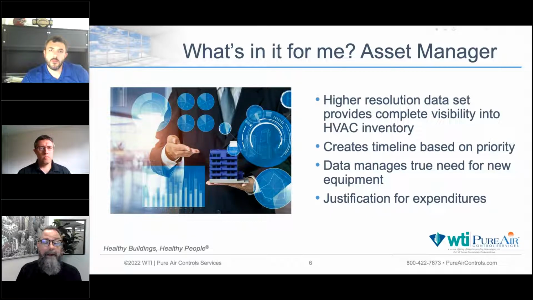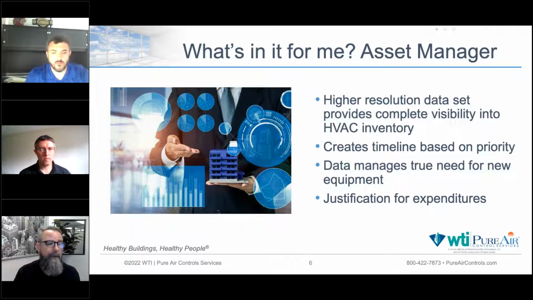Wouldn't it be nice to have this type of reporting and planning to say, okay, we can stage what actually needs to be replaced, and in the meantime, clean and restore equipment to add that many more years of lifespan onto that asset? I think it's a really great tool to look at the inventory at large, and then really start to categorize it.